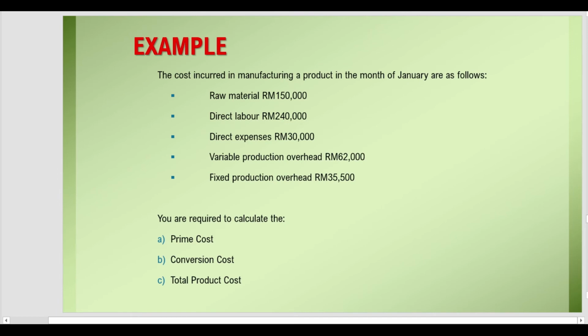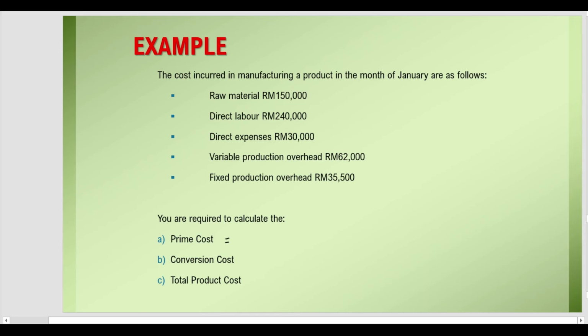Let's look at this question. Example. The costs incurred in manufacturing a product in the month of January are as follows. Raw material 150,000, direct labor 240,000, direct expenses 30,000, variable production overhead 62,000, fixed production overhead 35,500. So let's calculate prime cost.